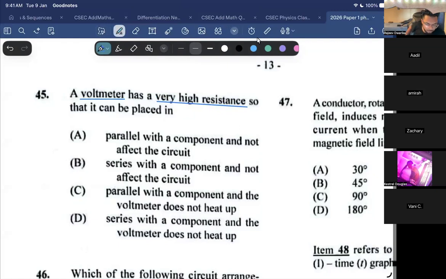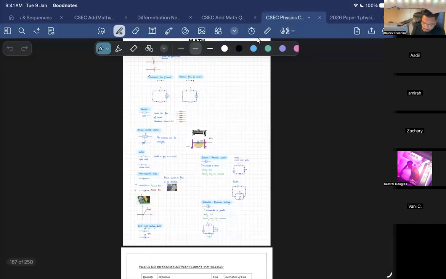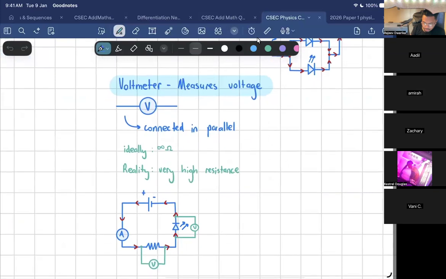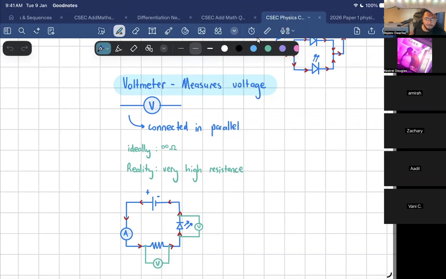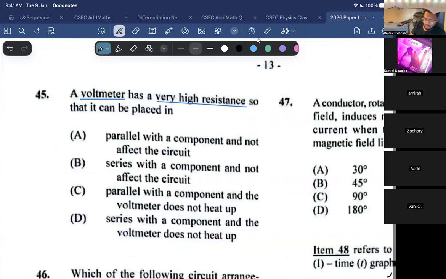I think it is B. Now let me check back the notes. Check the voltmeter. Alright, so Adil, check that. Check it back there. 45. Which one do you think is the answer?